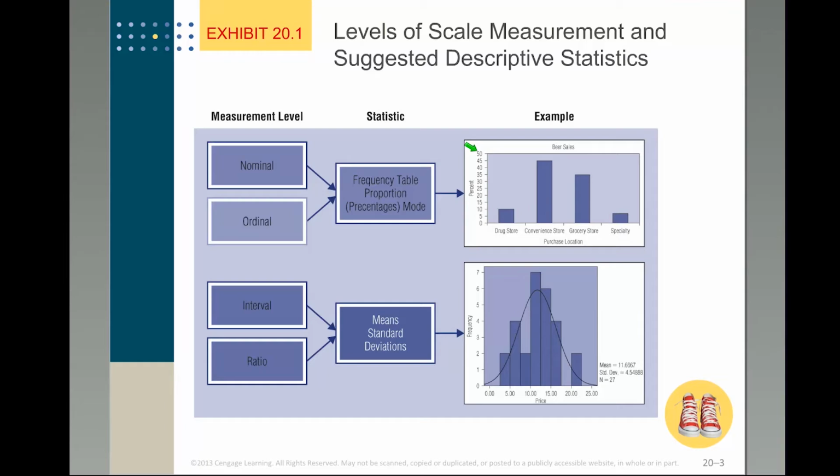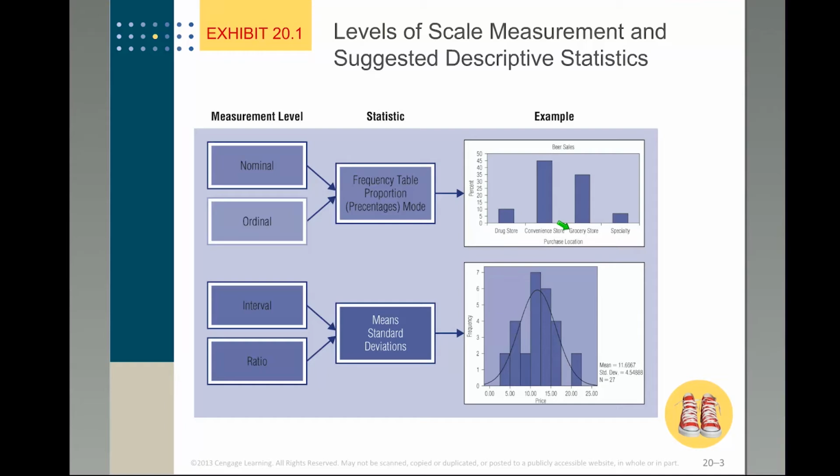Now here's an example of beer sales. In this example, consumers are asked about where they usually purchase beer, okay? And the choices include drugstore, convenience store, grocery store, and other specialty, right?